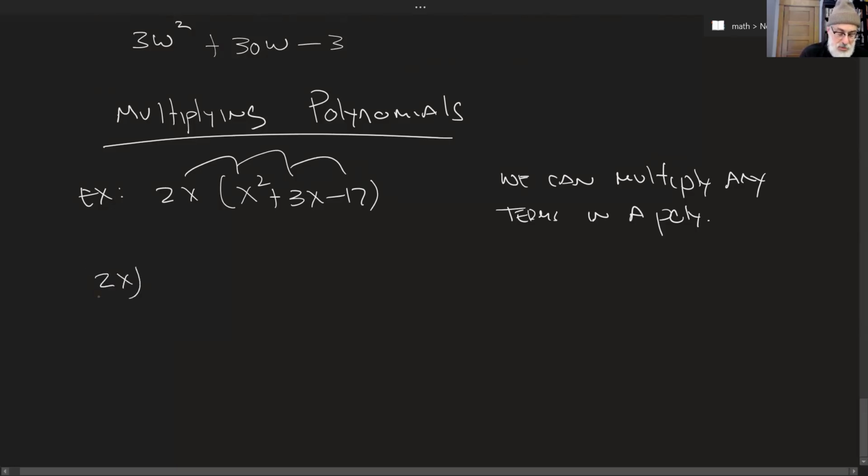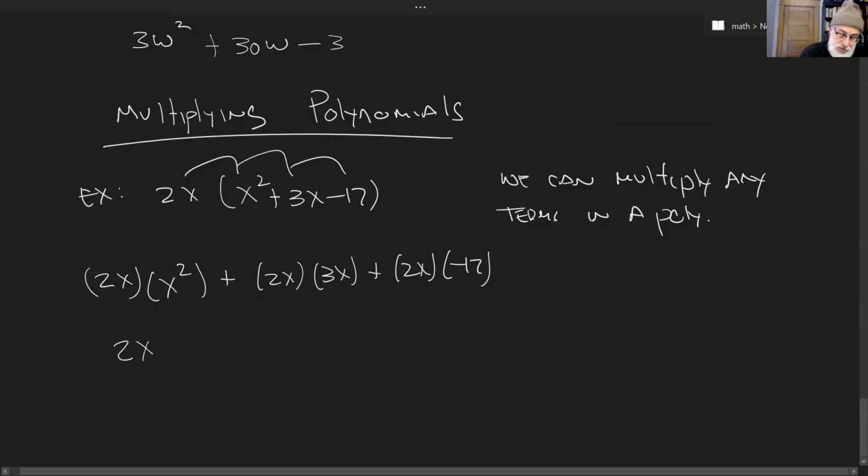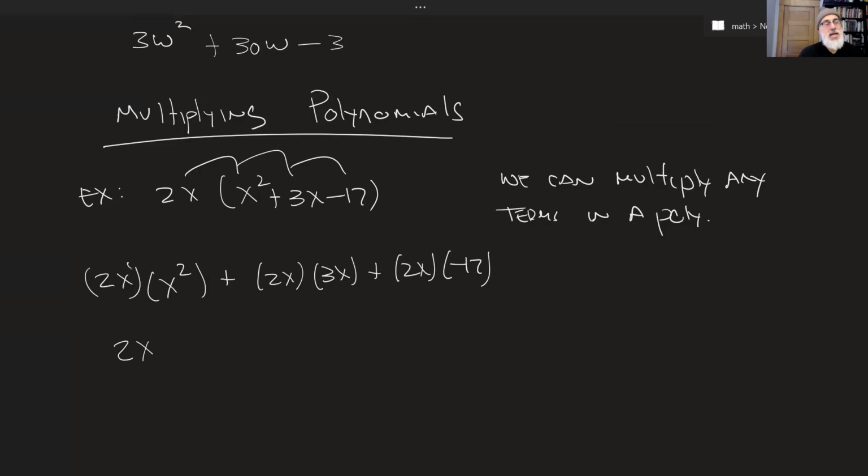But I'm going to write it out literally. So I'm multiplying 2x by each term. So I'm going to do that first by just writing it. And then I'll perform the operation. So I have 2x times x squared. And remember, your exponent rules say that if I have two variables being multiplied, then I'm going to add the exponents.